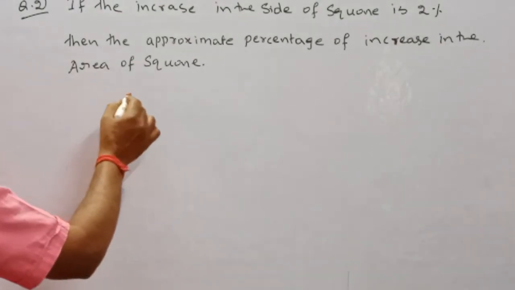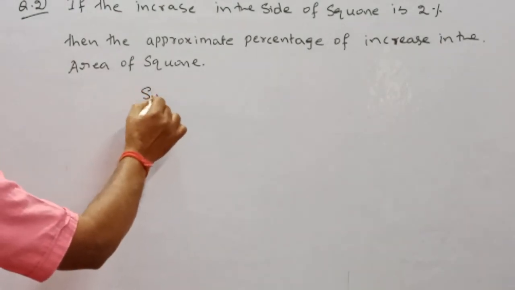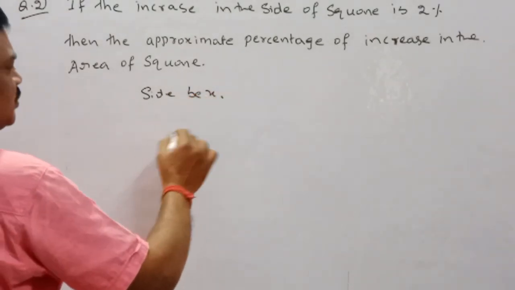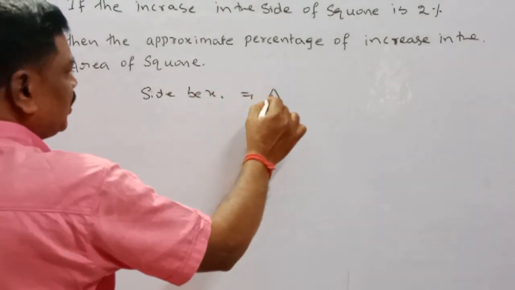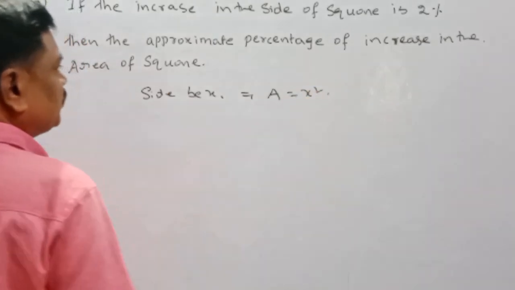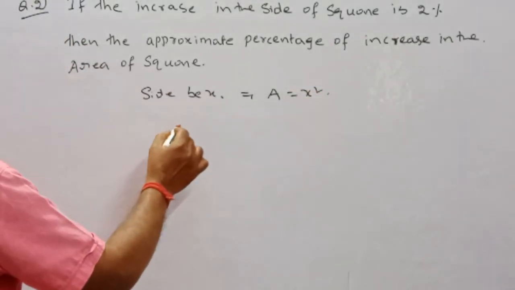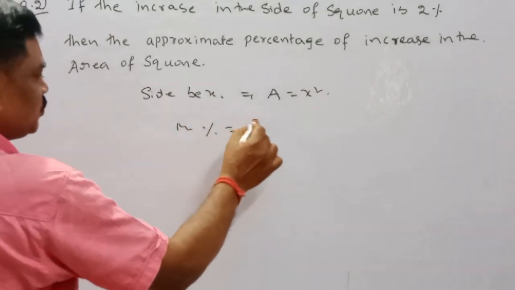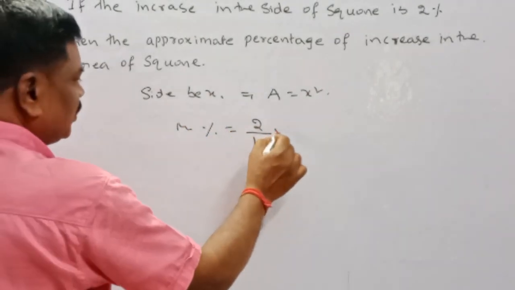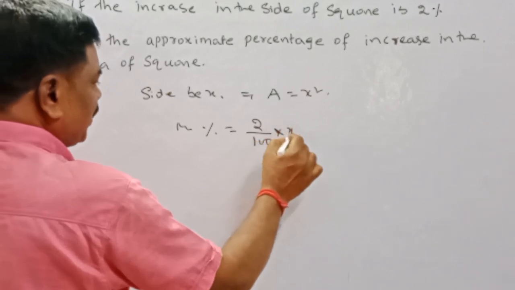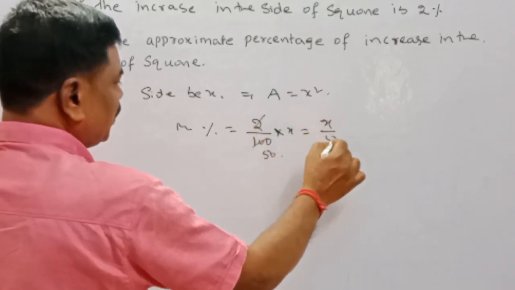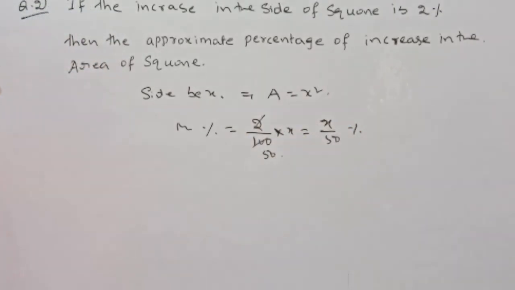So you take the side as x, then what is the area? Area is equal to x square. Increased percentage is 2%, which is 2 by 100 into x. This is x by 50, the increase in the side.